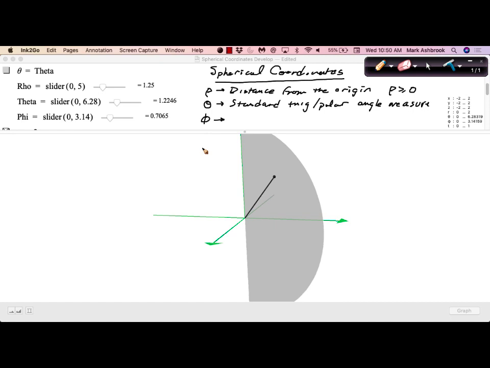All right, so phi. This is new. This is the angle measure. That's the measure of the angle tipped down from the positive z-axis in the plane of theta.